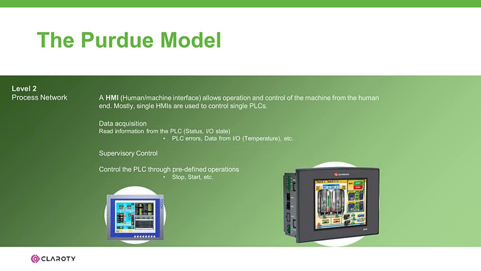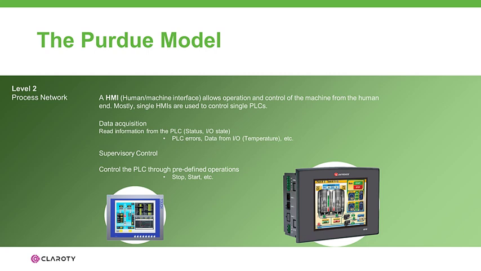Moving up the Purdue model to Level 2, which is the process network, we start dealing with human-machine interfaces, or HMIs. These are control units that allow plant operators to directly control PLCs. Like PLCs, HMIs communicate using protocols that are unique to the company that manufactures the HMI. Communication with HMIs is usually two-way.